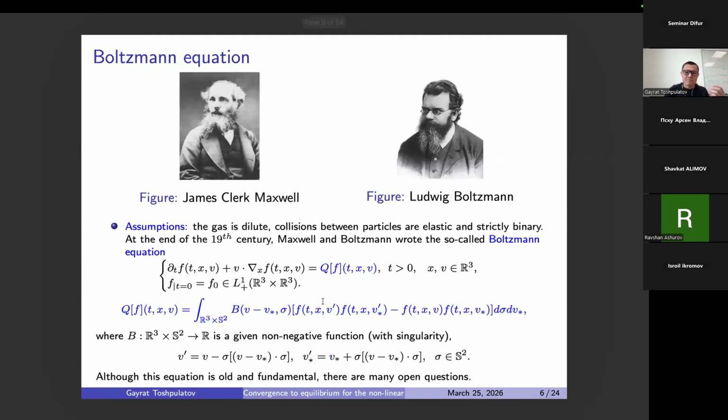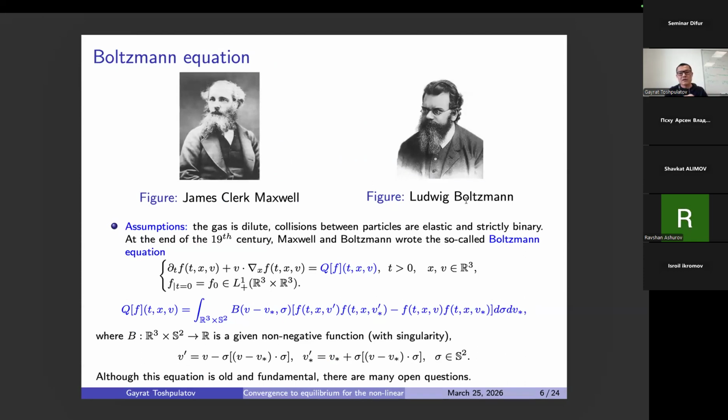This has been done by the famous physicists Maxwell and Boltzmann. They assumed that the gas is dilute and that collisions between particles are elastic, meaning the particles collide like billiard balls.